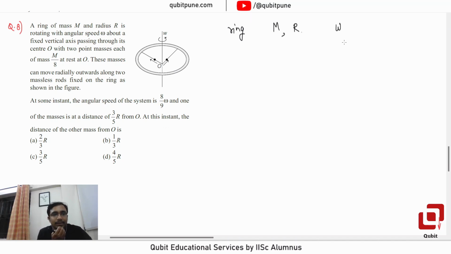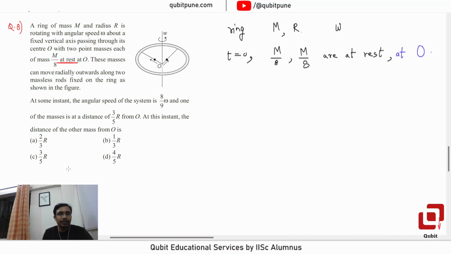Now they are saying the ring is already rotating, but initially the 2 point masses are at rest. At t equal to 0, the masses of M by 8 are at rest, but more importantly they are at rest at the origin.